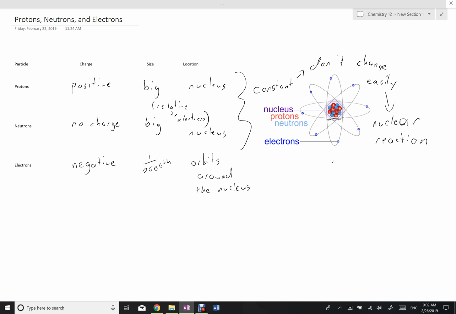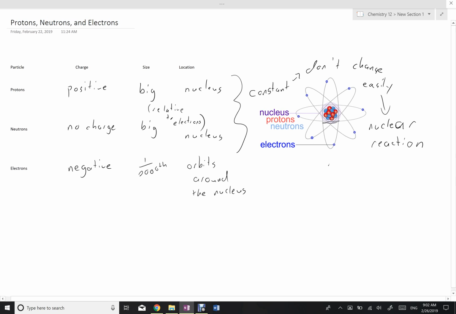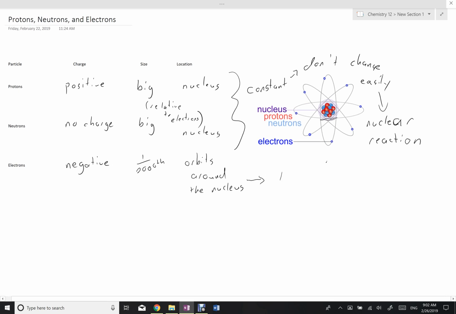Alternatively, electrons can be lost or gained by different types of atoms. When they're lost or gained to form new types of particles, that's what we think of when we think of chemical reactions.